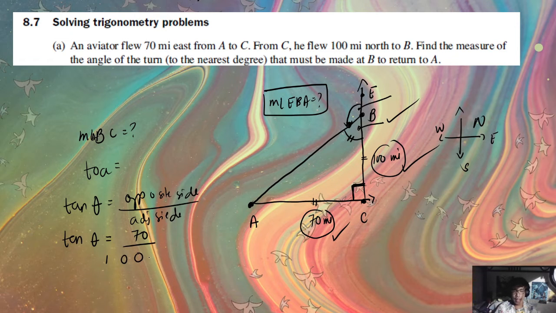If we simplify 70 over 100, that should give us tangent theta is equal to 0.70. So how do we solve for the value of theta? We need to use the inverse trigonometric ratios. What are the inverse trigonometric ratios?